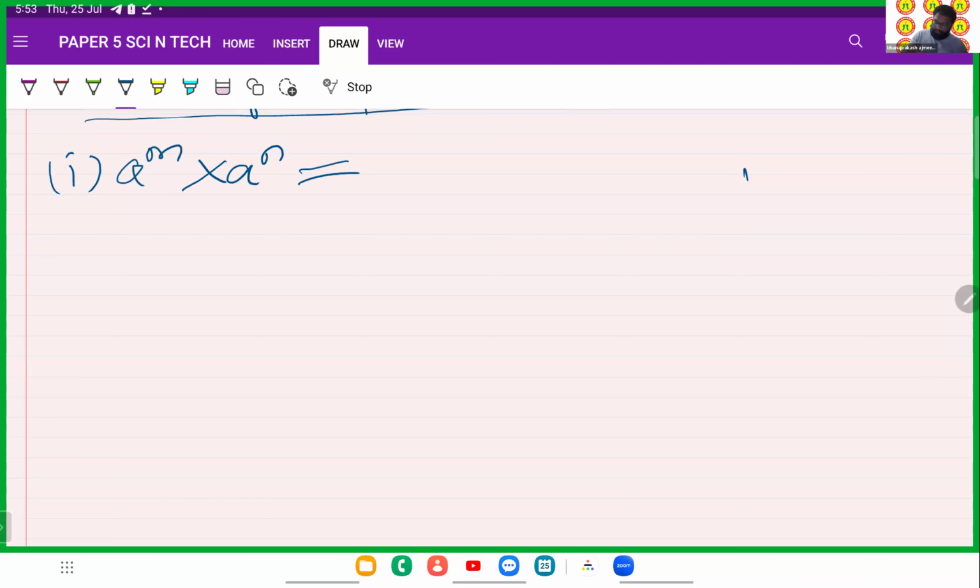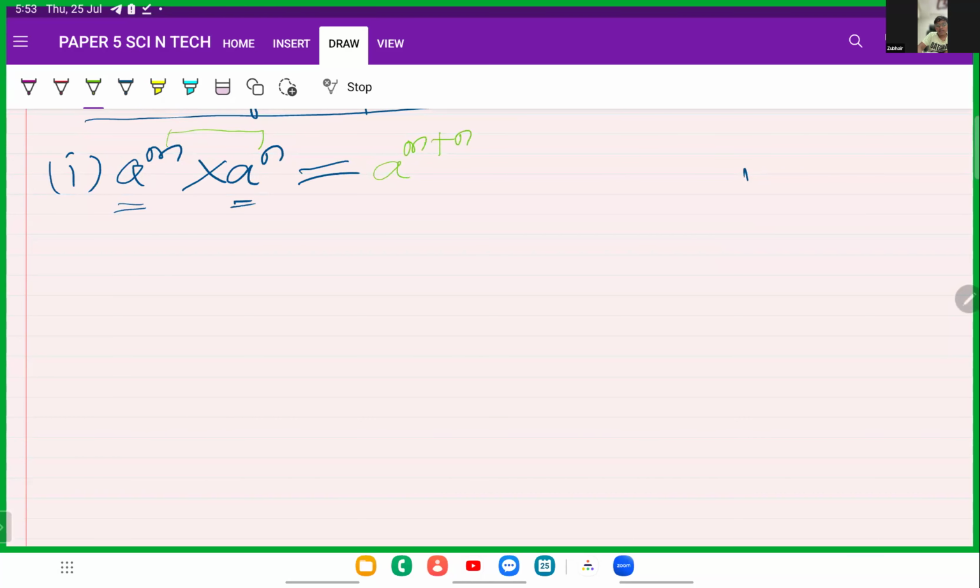So here if you see, bases are the same or not? Yes, sir. So when bases are the same, what we have to do is add the powers. So what are the powers here? These are the powers. So that would be a to the power of m plus n.